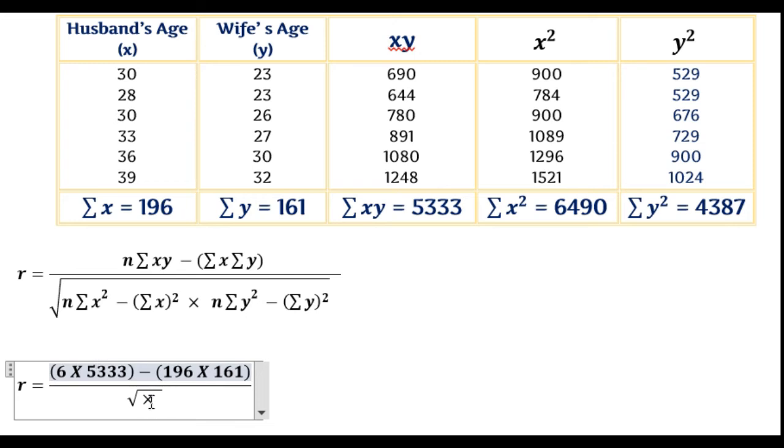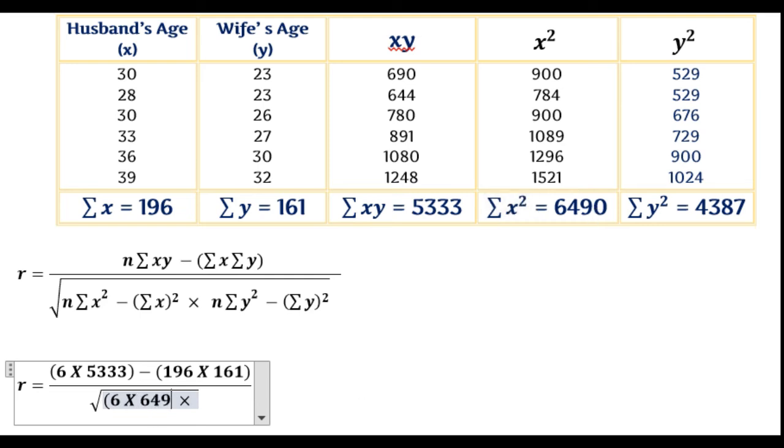Now you need to write the denominator values. In the denominator you have n first, so I'll be writing that, which is 6. So 6 into, I'll put it in bracket, 6 into sigma x square. Sigma x square is here, 6490.